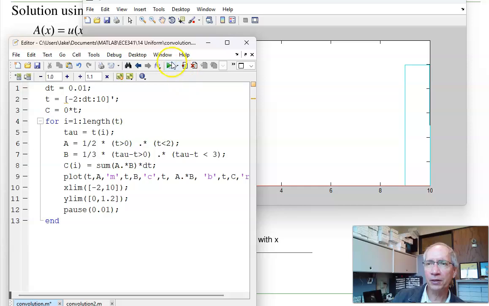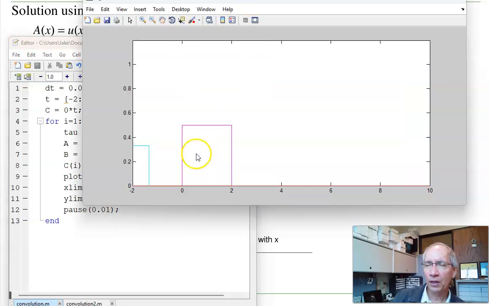So when I do that, here's the uniform distribution width of 2. The light blue one is the width of 3. I sweep it right. The dark blue is the product of the two. Area increases up until I get to this point. Then I reach the maximum. Area starts to decrease. And then goes to 0.